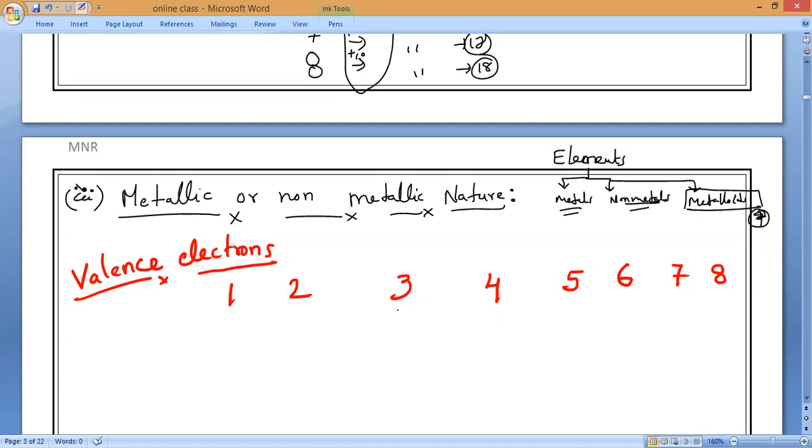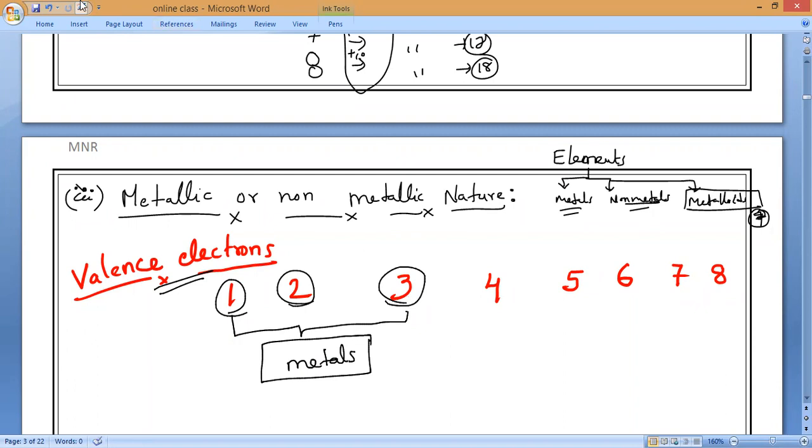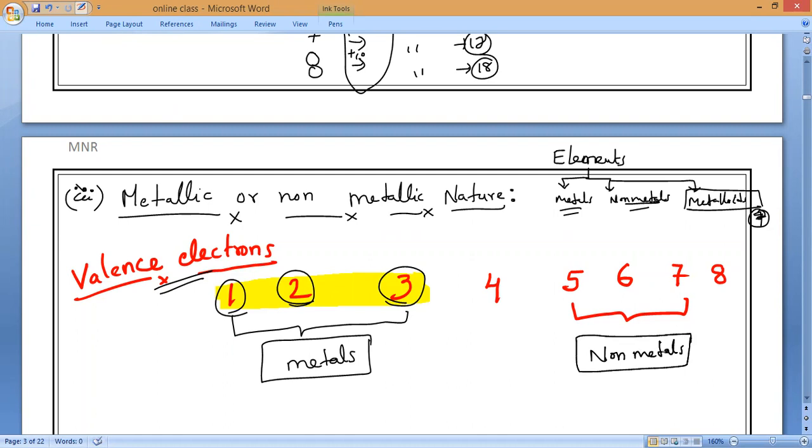Now, if valence electrons are 1, 2 or 3, then they are called metals. If valence electrons are 5, 6, 7, they are called non-metals.